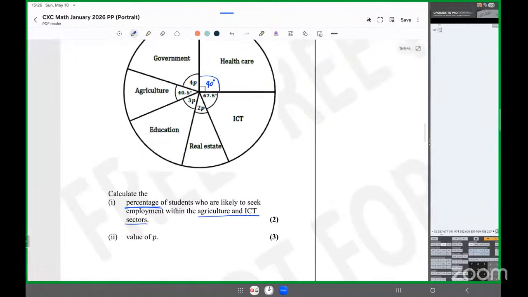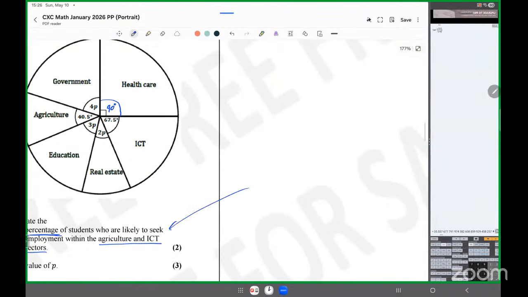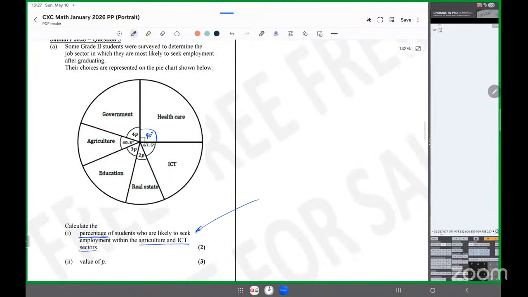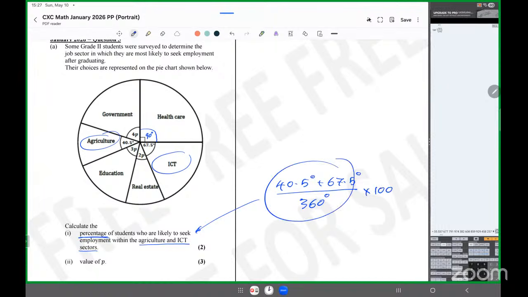The calculation is the agriculture and ICT total, which is 40.5 plus 67.5, as a fraction out of 360. Because I want a percentage, you multiply that by 100. To get a fraction to become a percentage, multiply by 100.